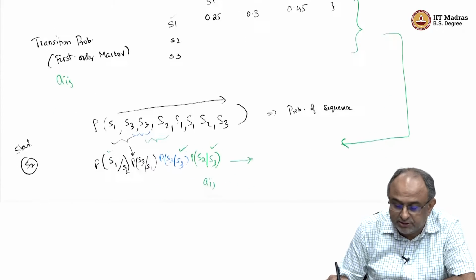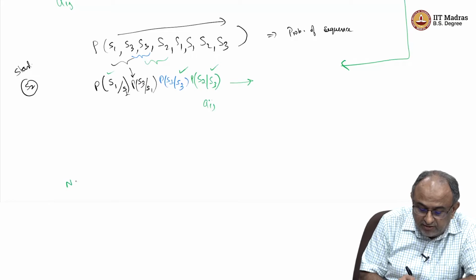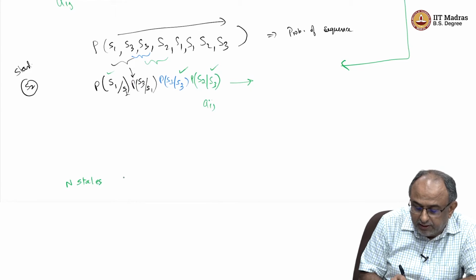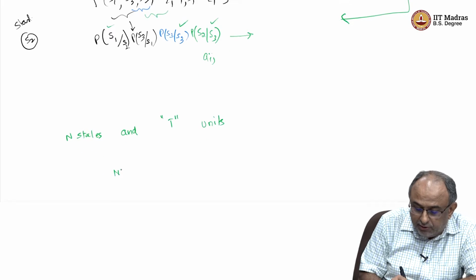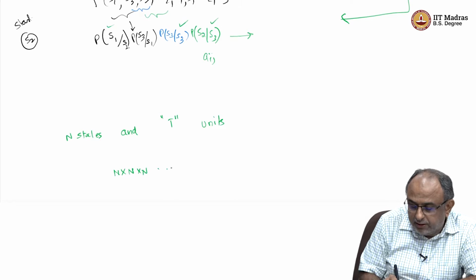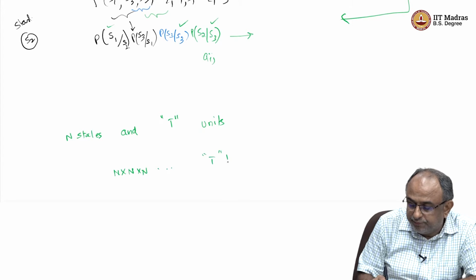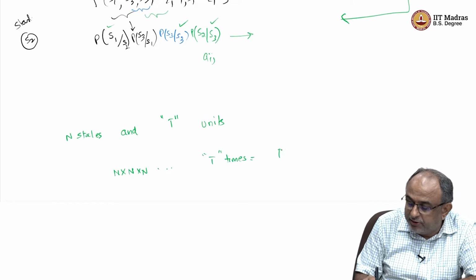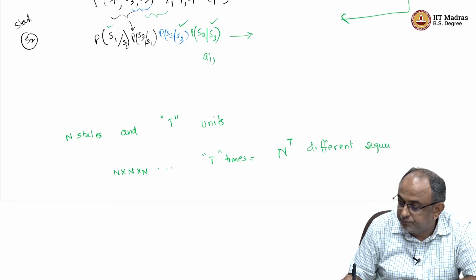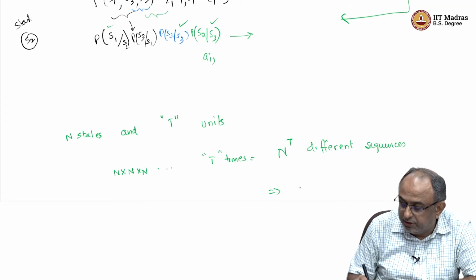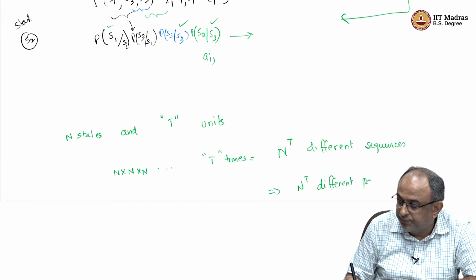The problem is, if I have n states and capital T time units, I will have n into n into n, capital T times, which is n raised to the power of T different sequences, and therefore n raised to the power of T different path calculations.